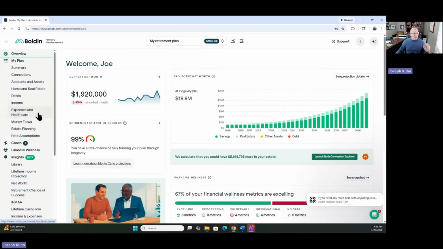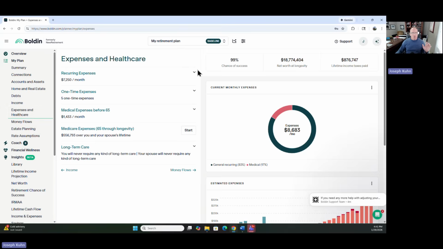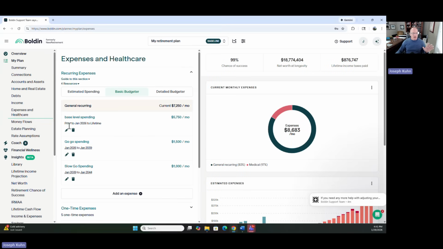Look at this. For example, look at that 99%. I'm going to go into expenses, and I'll talk about expenses in a second, but base level expenses. This is not go spending, slow go spending, one time spending, just base load, keeping the lights on.